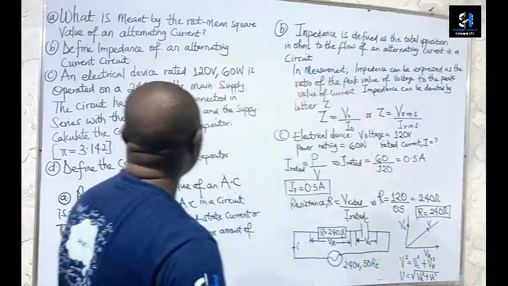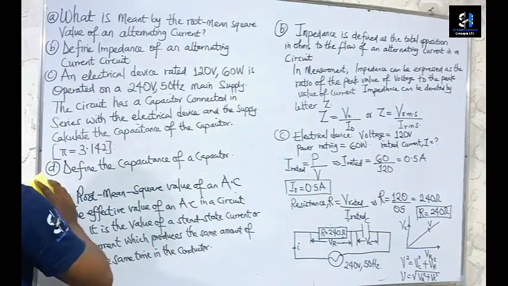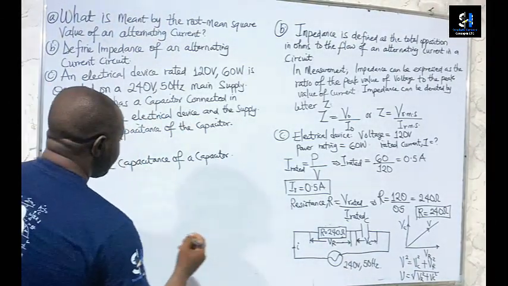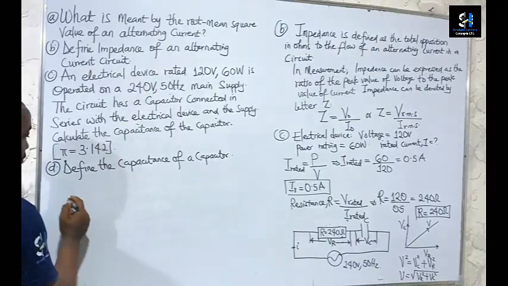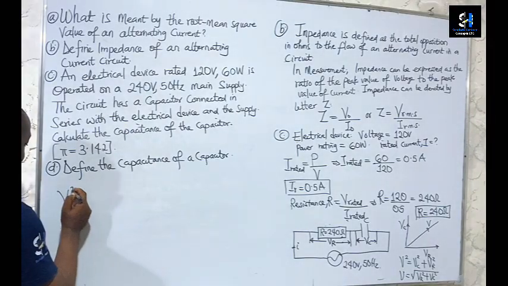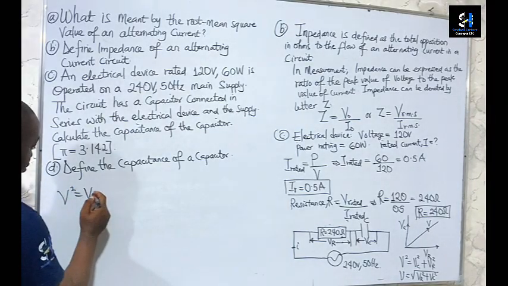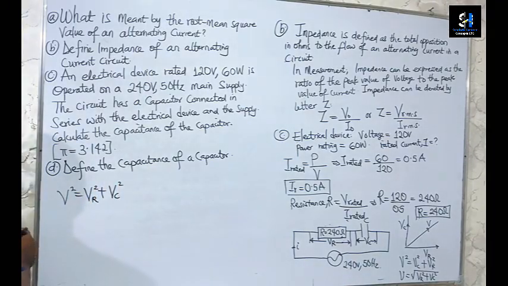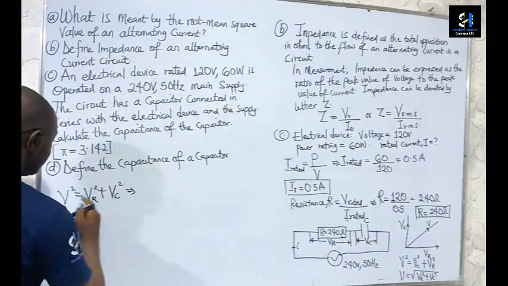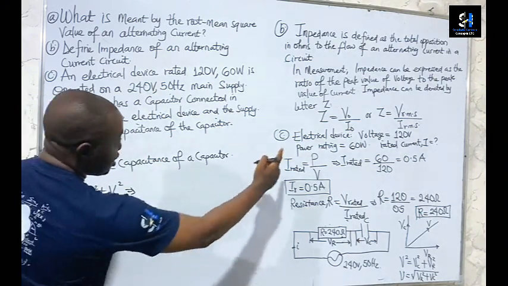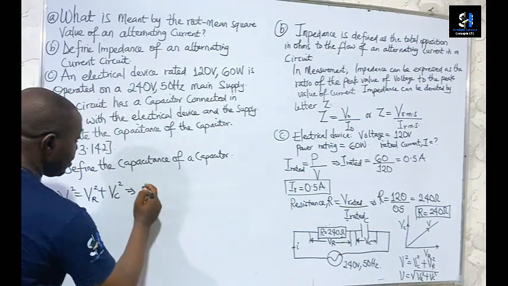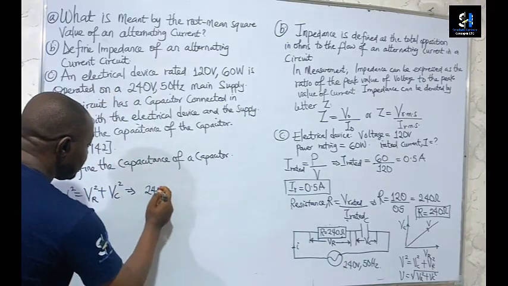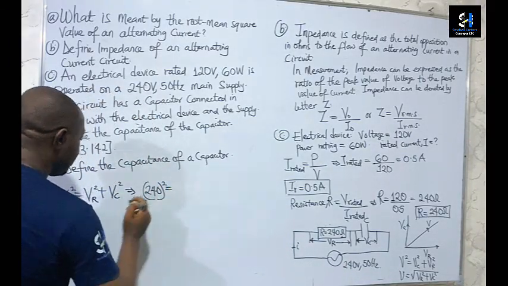So we need to calculate the voltage across the capacitor. For the voltage source, we have V squared equals VR squared plus VC squared. So this will be V squared, that is the voltage source. The voltage source is 240 volts, raised to the power of 2.